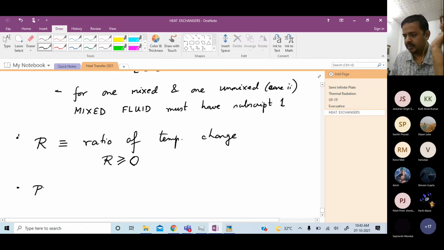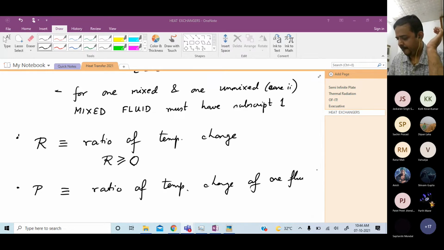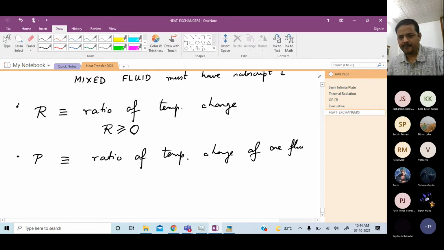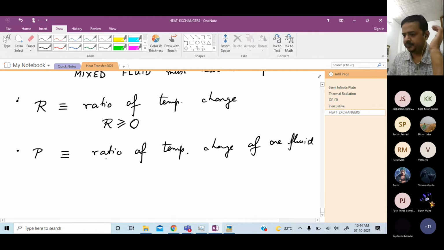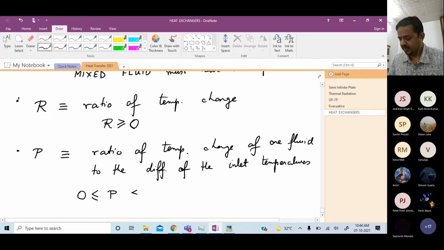And P is the ratio of temperature change of one fluid to the difference of the inlet temperatures, which is also the difference of the maximum and minimum temperatures possible inside the heat exchanger.